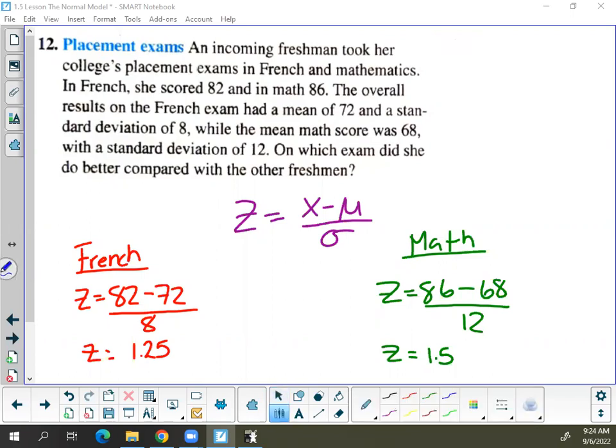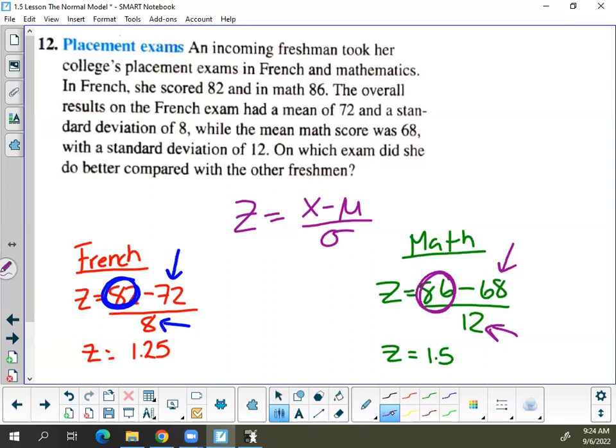My 82 is here for French. That is my actual data point, the actual French score. And then I have the mean of that exam and the standard deviation, and you calculate that out to get 1.25. 86 here is the score on the math exam. The mean is 68. Standard deviation is 12. When we simplify that right side, we get 1.5.